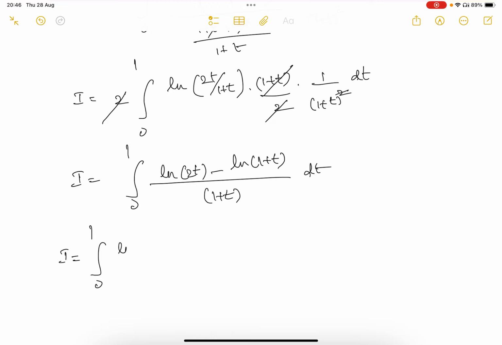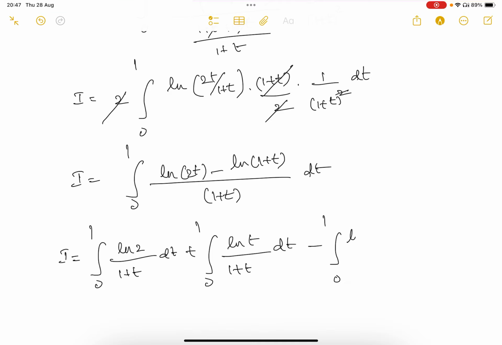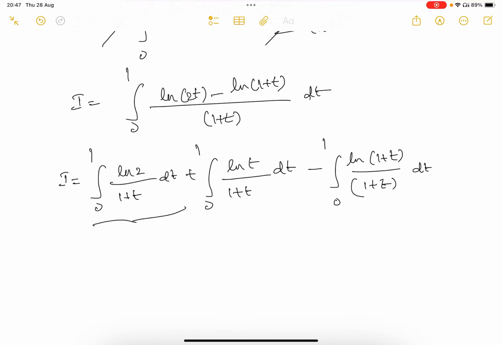So integral 0 to 1 ln 2 by (1 plus t) dt plus integral 0 to 1 ln t by (1 plus t) dt minus the third integral, integral 0 to 1 ln of (1 plus t) by (1 plus t) dt. So let's consider this as I1, this as I2, and this as I3.